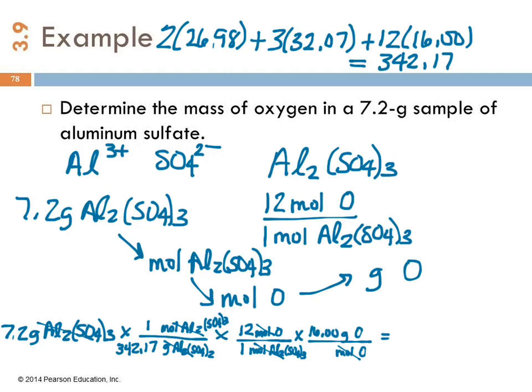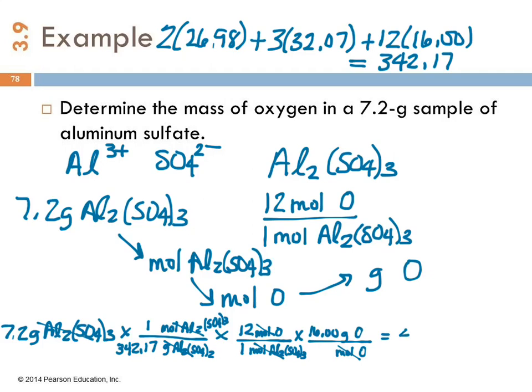How many sig figs should my answer have? 2. Because the number that we're starting with is going to limit things. That is usually the case in problems and examples that you're given. Usually the starting number limits and not your conversion factors along the way.